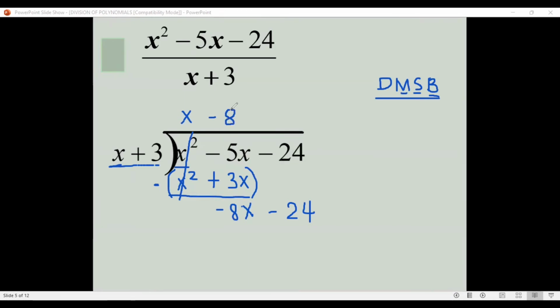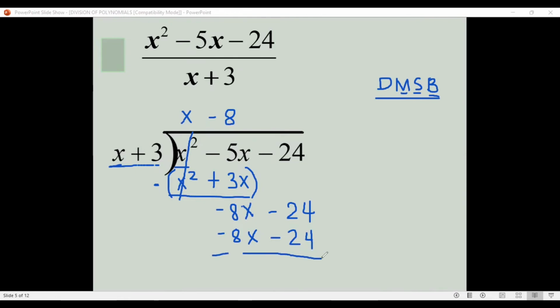Okay, so since we already have your quotient here, which is -8, we will then again multiply the -8 to each of the terms in your divisor. So again, what happens here, you will have a -8x. So our aim to eliminate the 8x is satisfied. And then having the -8 and the +3, that will result to a +24, or a -24, I should say.